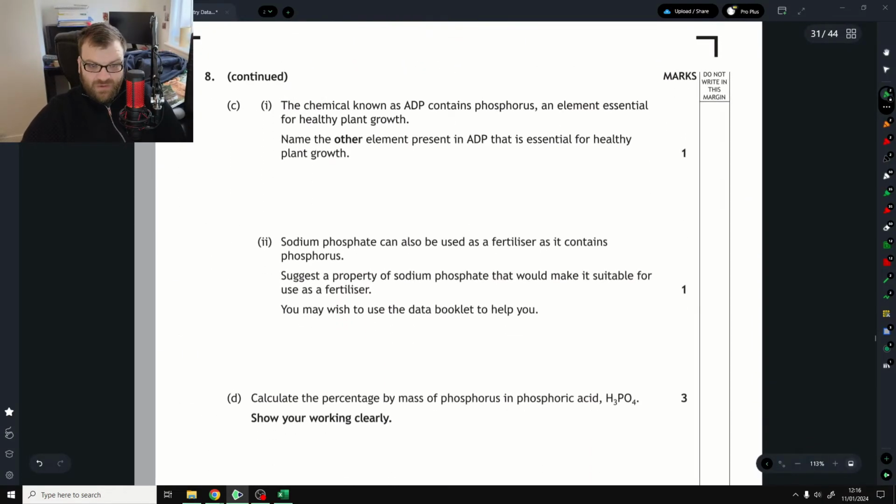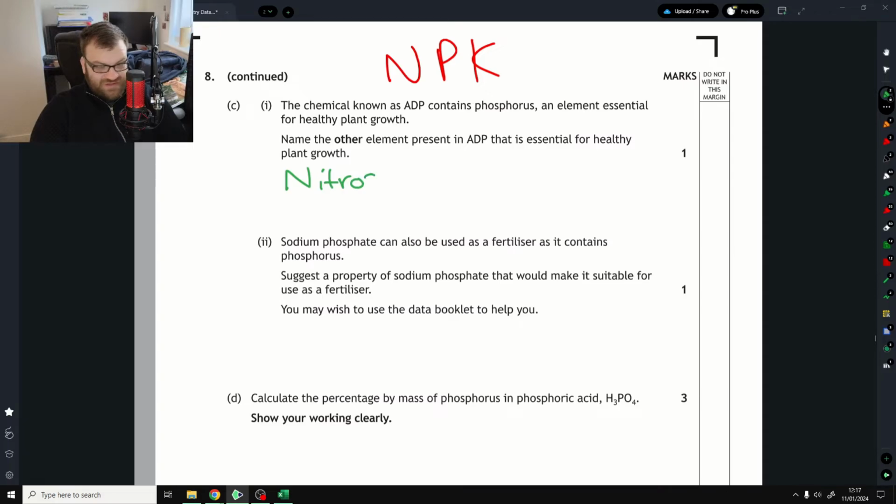Next up, these chemicals contain phosphorus, essential for healthy plant growth. Healthy plants require NPK, nitrogen, phosphorus, and potassium. We talked about this earlier in the using your knowledge of chemistry questions. Going to be nitrogen or potassium.